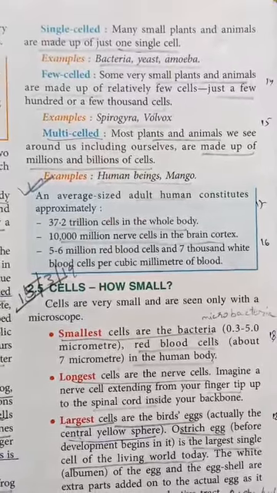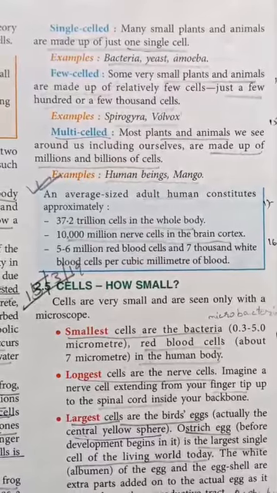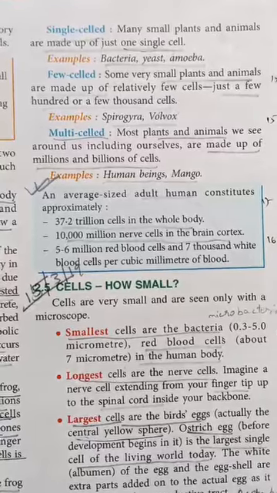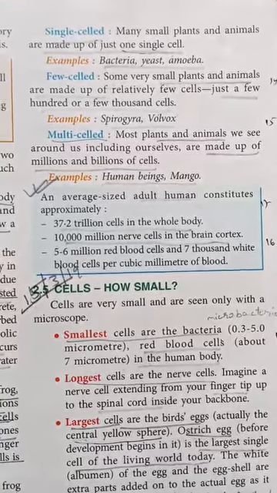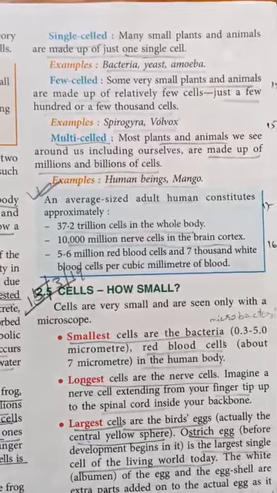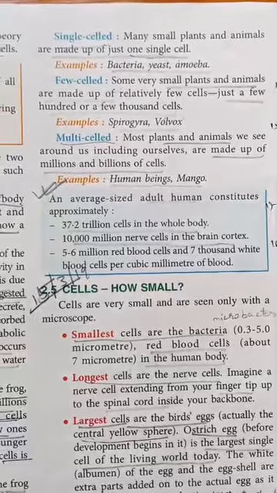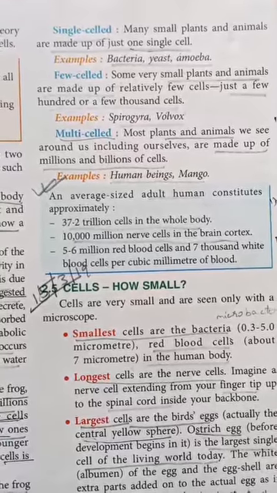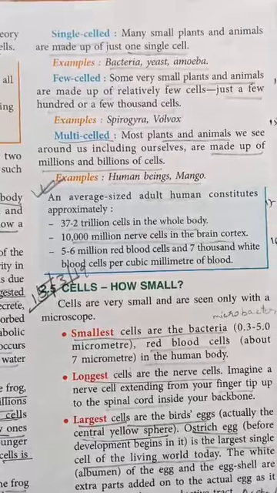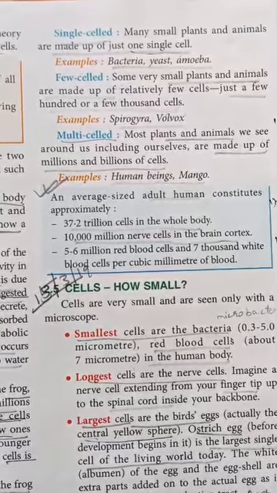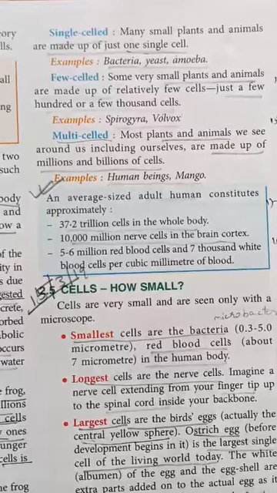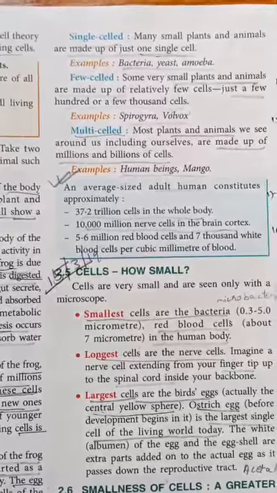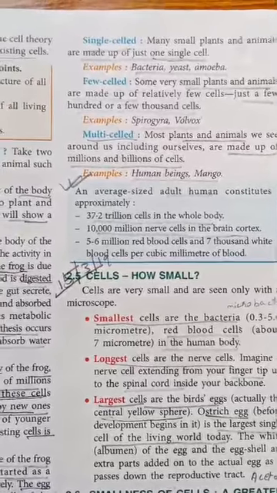Many small plants and animals are made up of just one cell, for example bacteria, yeast, and amoeba. Few-celled: some very small plants and animals are made up of relatively few cells, just a few hundred or few thousand, for example Spirogyra and Volvox. Multicelled: most plants and animals we see around us, including ourselves, are made up of millions and billions of cells, for example human beings and mango.